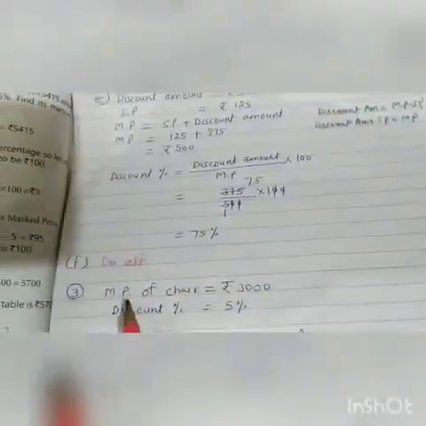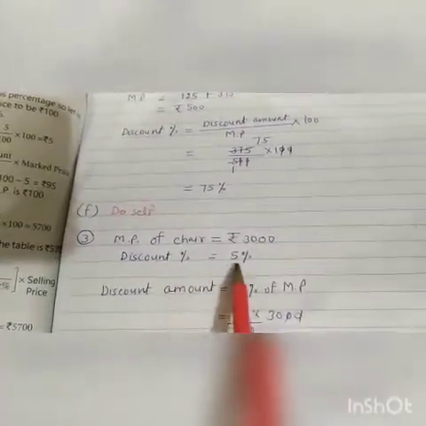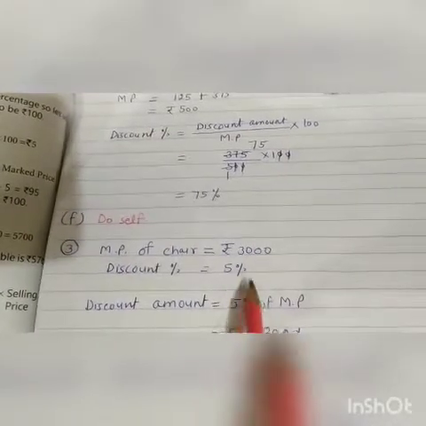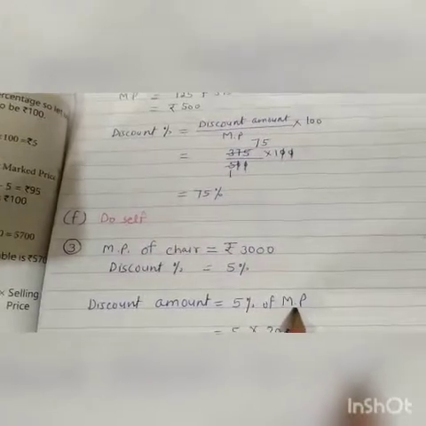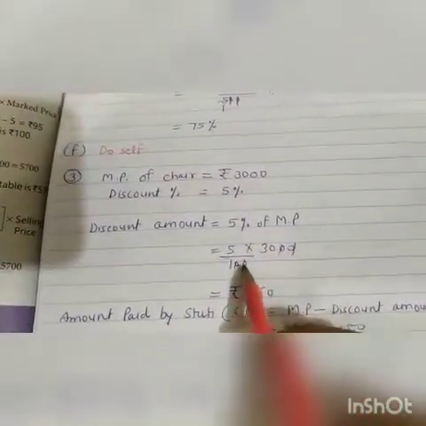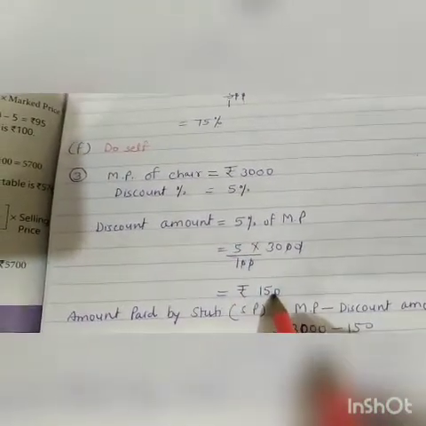So see here. Mark price of the chair is given 3000 rupees. Discount percent is given 5%. Then discount amount is 5% of 3000, 5% of mark price. So it will be 5 upon 100 into 3000. 0 0 cancel, 0 0 cancel. 5 into 30, 150.